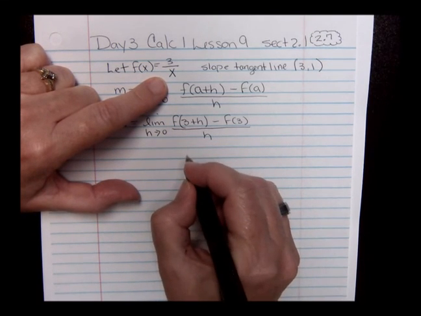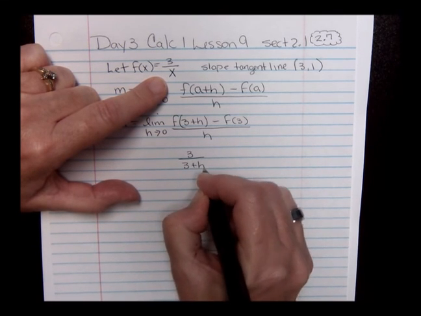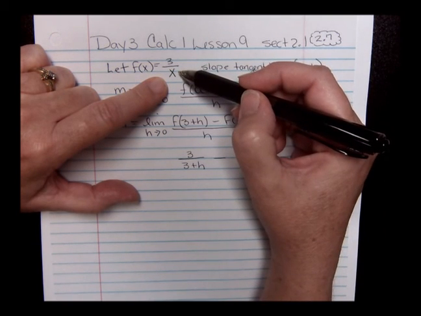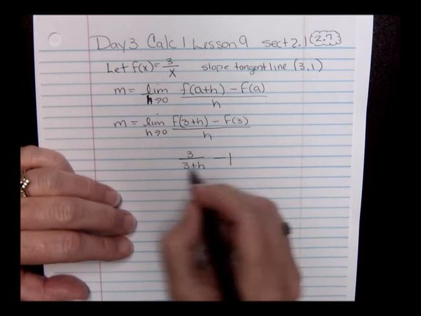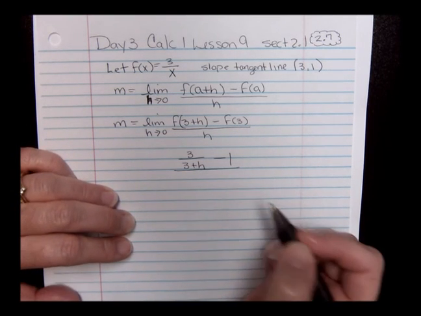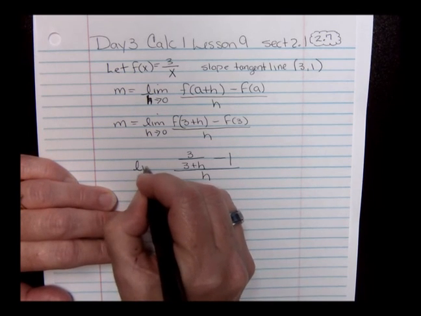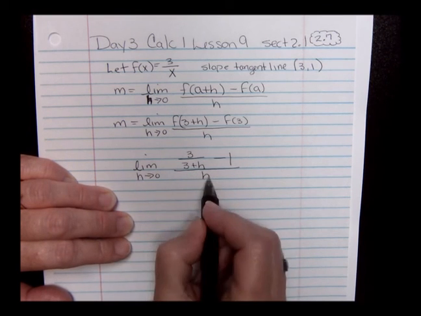So I have 3 over 3 plus h minus, if I substitute 3 in for x, I get 1. And then on the bottom, I still have h. And again, it's still the limit as h approaches 0. And obviously, I can't substitute that in.